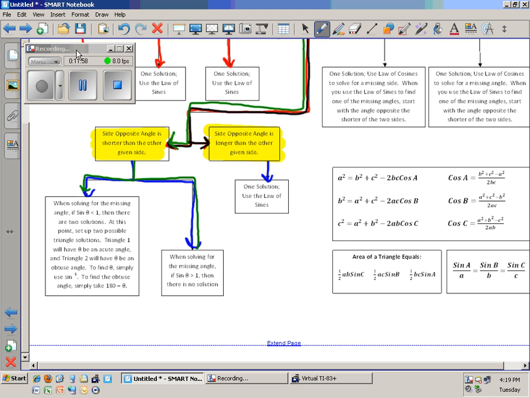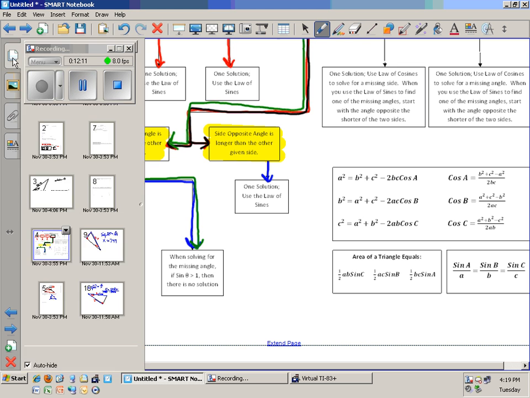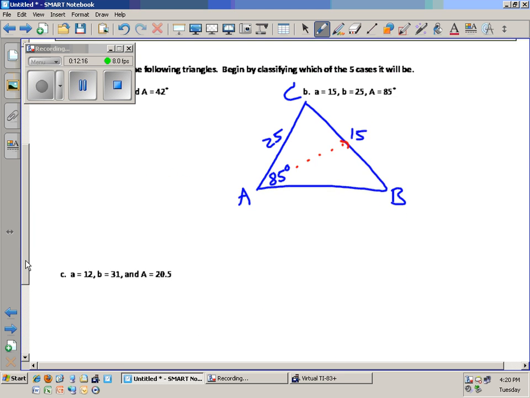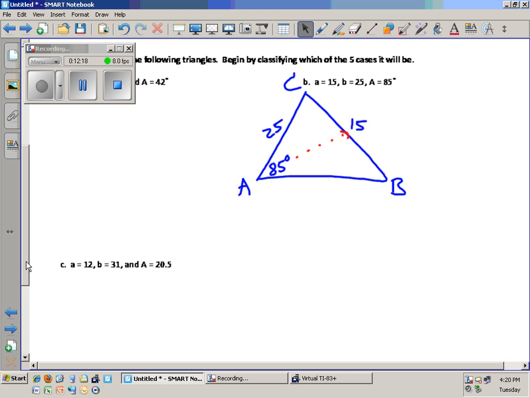Or, when solving for the missing angle, I might come up with sine of theta greater than 1, then there are no solutions. So I don't know which one this is going to be. I'm gonna have to work through it. So we'll work it out and see what we come up with for sine of theta. We'll go from there.